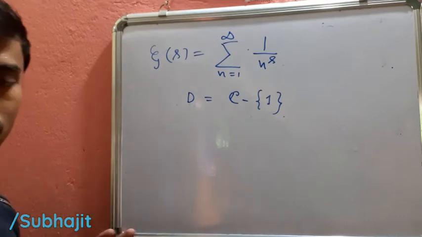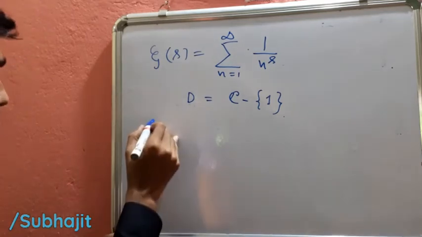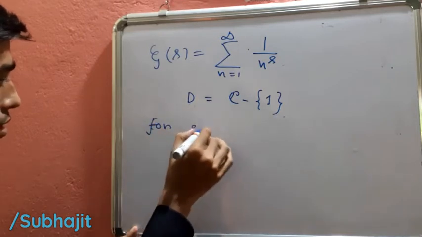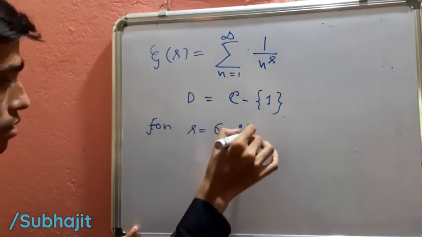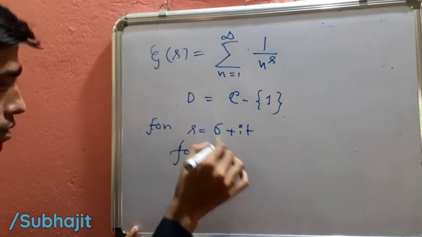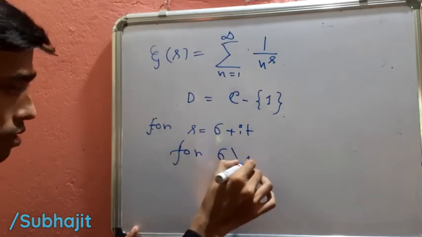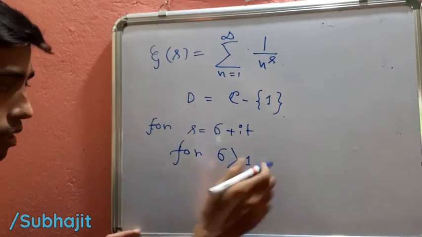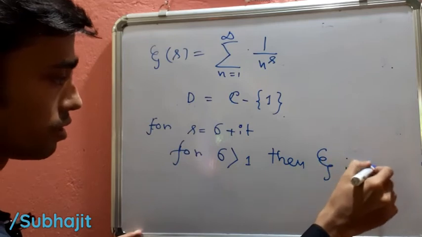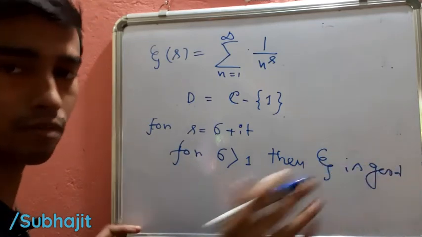As I said earlier, let's say that s equals sigma plus it, which is just a complex number. For sigma greater than 1, meaning the real part of s is greater than 1, this zeta is pretty well defined.